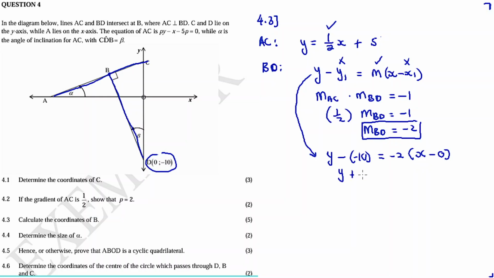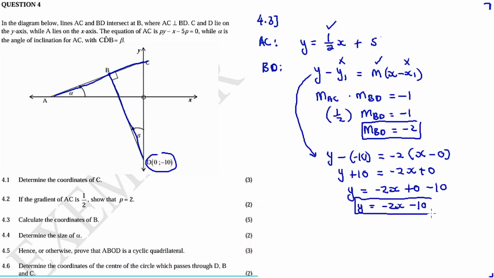Then y plus 10 is equal to -2x. Multiplying -2 by 0 gives 0. So we have y equal to -2x plus 0 minus 10. Y is equal to -2x minus 10.